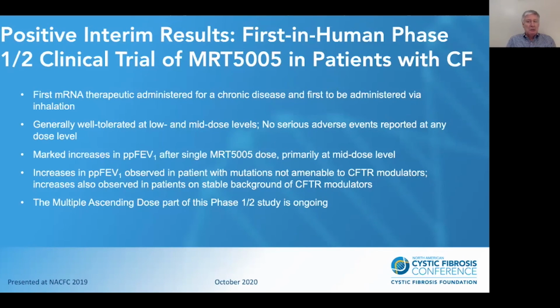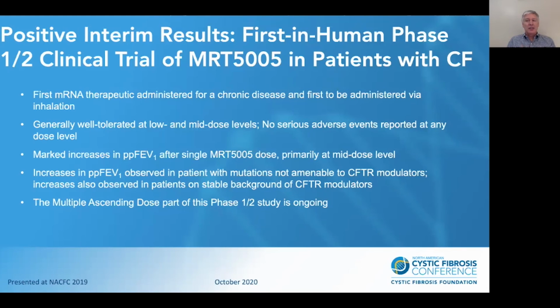So in summary, we're encouraged by the results from the Restore-CF study. It's the first data from an inhaled mRNA designed to treat a chronic disease such as cystic fibrosis. And it provides information on the potential of mRNA therapies, not just for CF, but actually broadly with respect to pulmonary diseases.